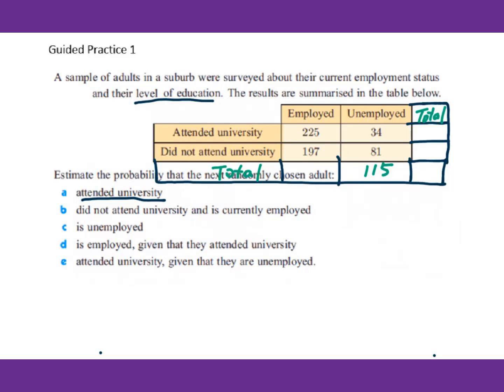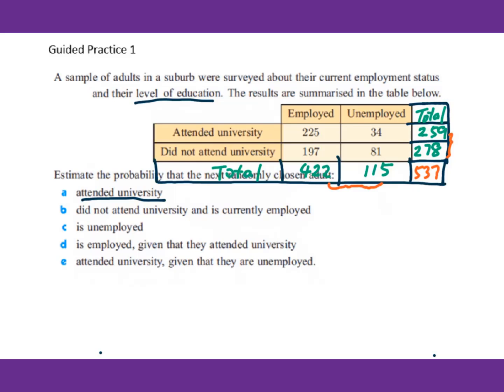Adding 225 and 197, you will get 422. 225 plus 34, you will get 259. 197 plus 81, you will get 278. Then adding these two, you will get the same answer, 537.